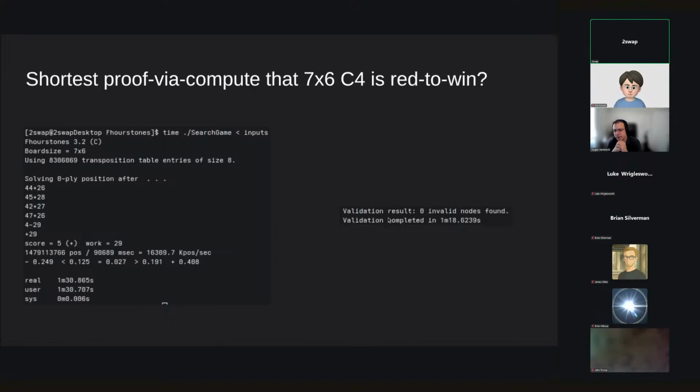However, insofar as we know up front what branches to check and what branches to ignore and not even bother reading into, validating the correctness of my tree runs faster than 4 stones does on the opening move. And in some sense, I think this could be described as a minimal proof through computation that Connect 4 is a win.